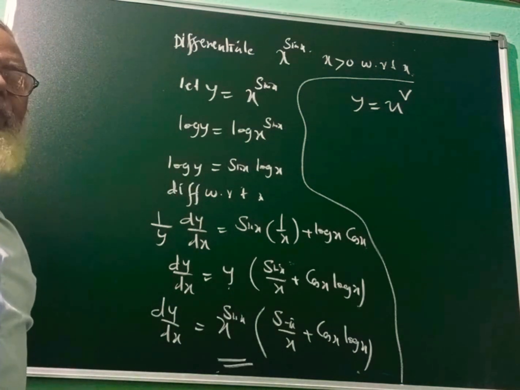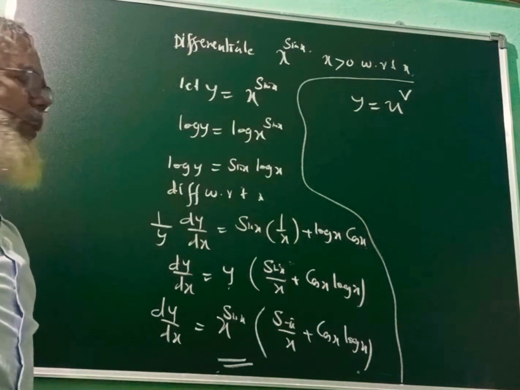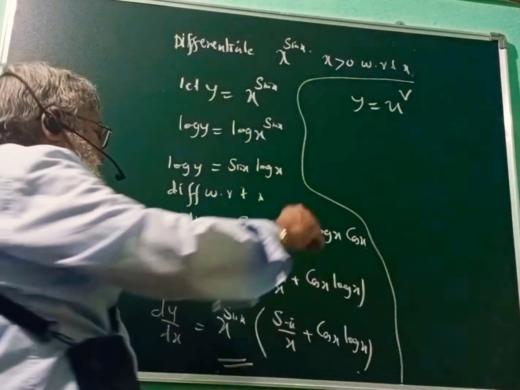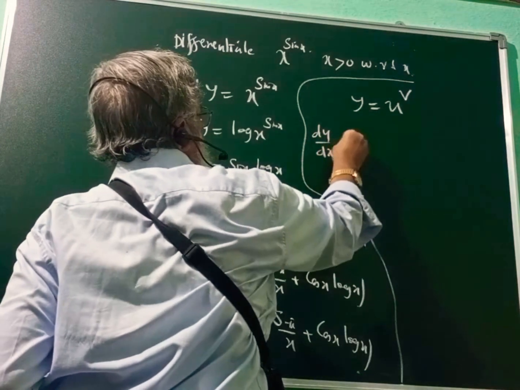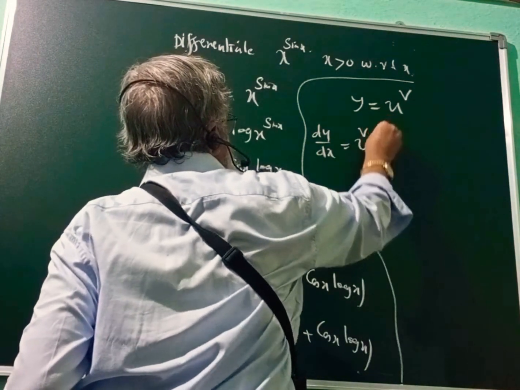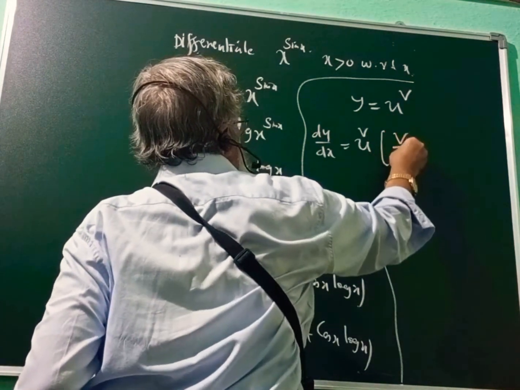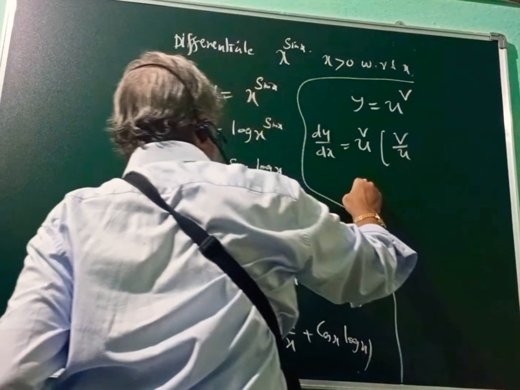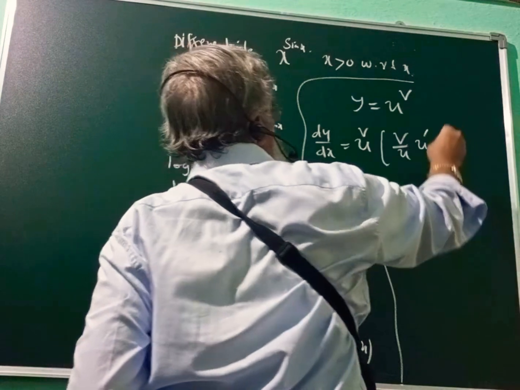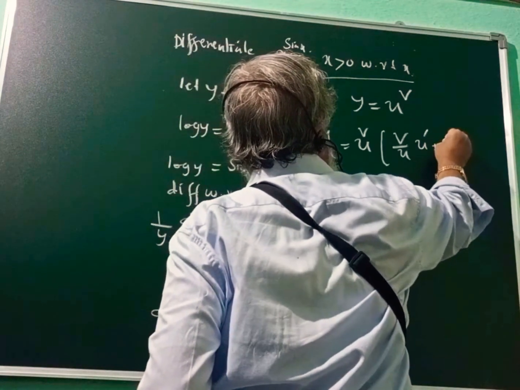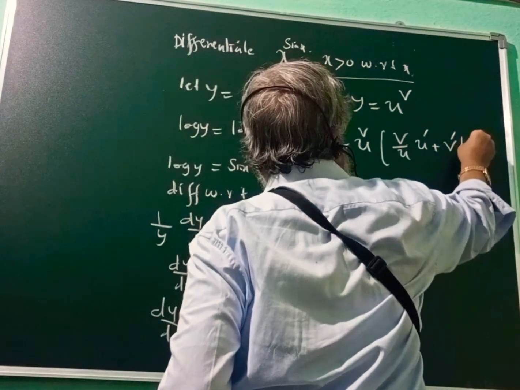Then, directly without applying the log, we can write dy by dx is equal to u raised to v into v by u into u dash plus v dash into log of u.